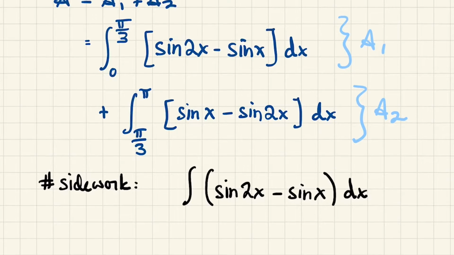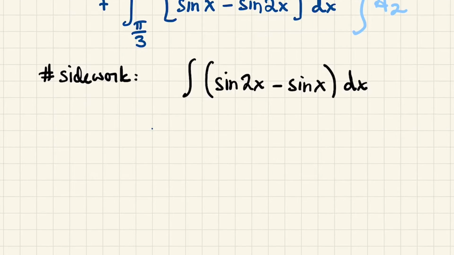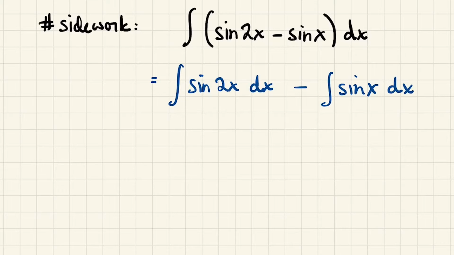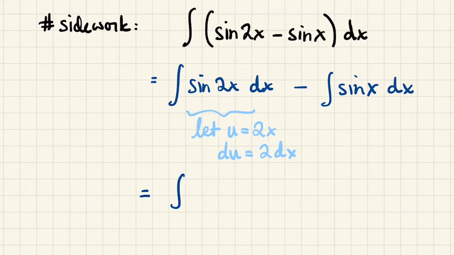So now let's work out this side work, and we should probably do this as two separate integrals because this first one is going to require a u substitution and the second one will not. So it's better to split them into two little integrals like this. And for this guy, we're going to quickly let u equal 2x, so du equals 2 dx. And that converts this first integral into sine of u times du over 2.